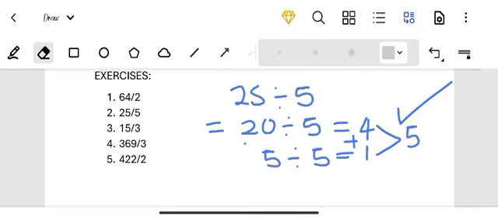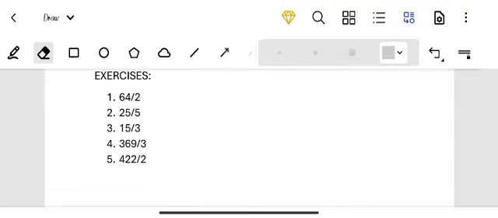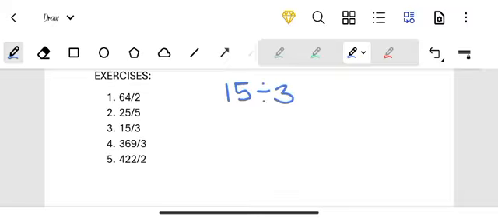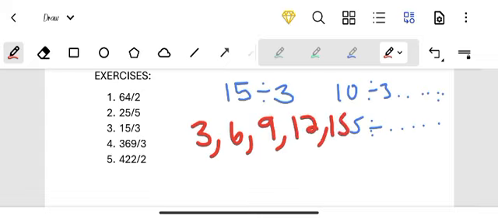So jumping to the third one. Sometimes this option can never work with this one. So what we can just do is check. We said 15 divided by 3. So let's just count with this one, because if I say 10 divided by 3, I'm just going to get a 0 point something. 5 divided by 3, very impossible. So what can we do? We can just simply check. We're talking 3, 6, 9, 12, 15.